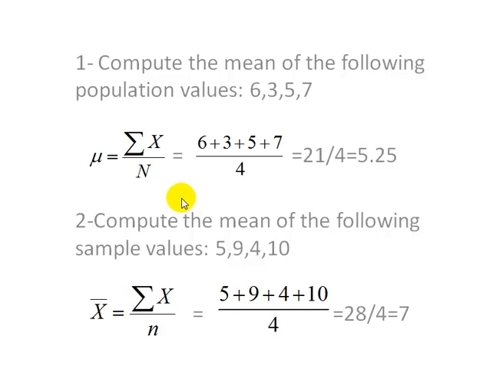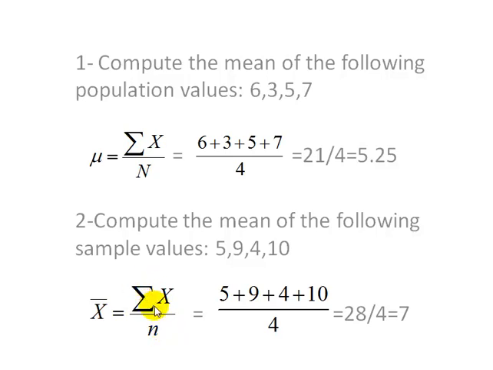Second question, let's take a look at the sample mean. Actually, the calculation method is the same, but we just use different letters to represent different things. I just mentioned the x bar. We use x bar to represent the sample mean. X bar equals sigma x divided by n.